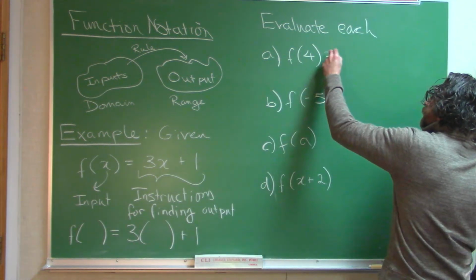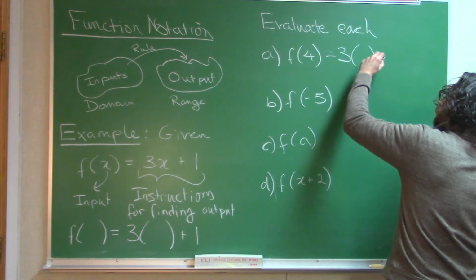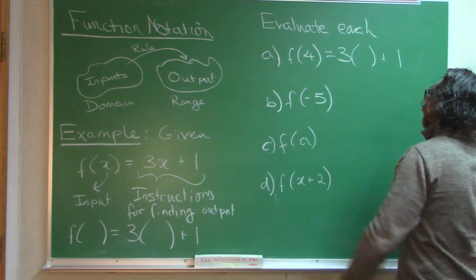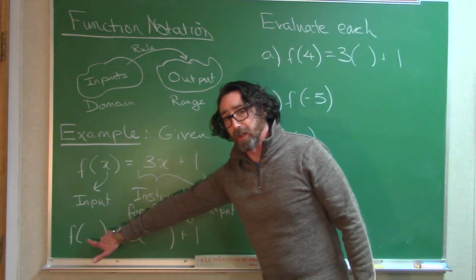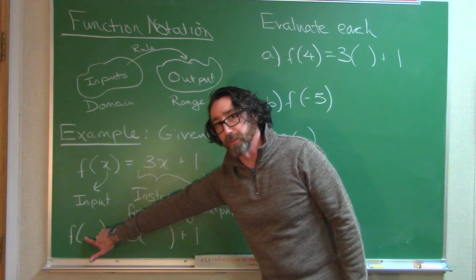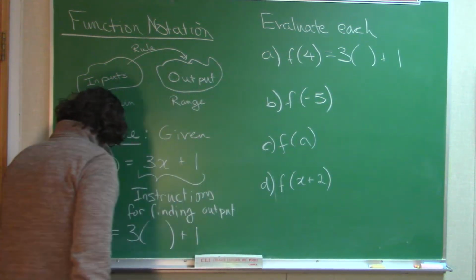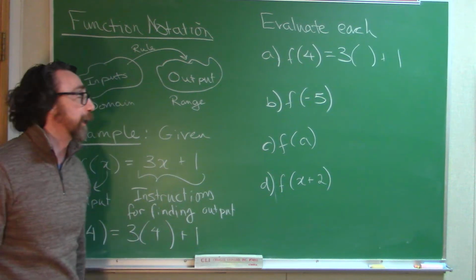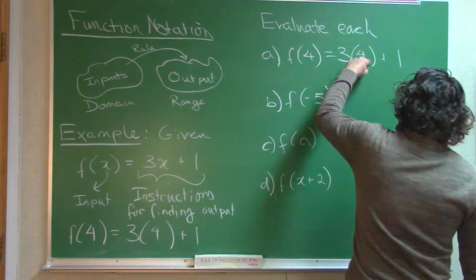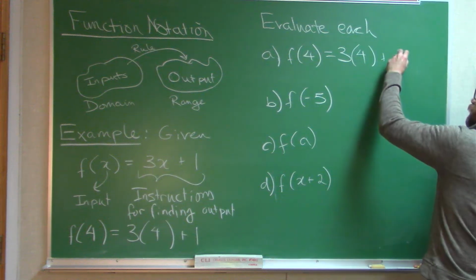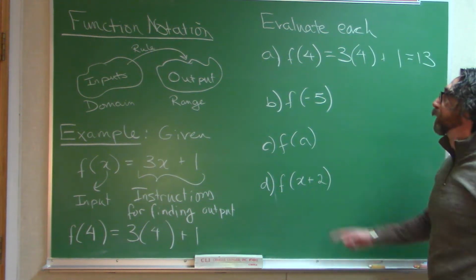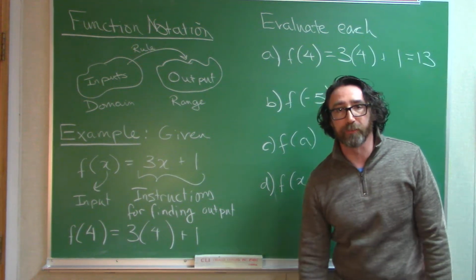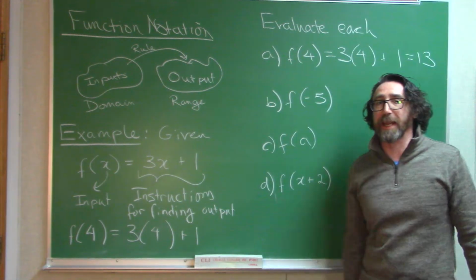So let's evaluate each of these. Thinking along these lines, if I put a 4 here in the blank, that means I should also put a 4 on the right-hand side. 3 times 4 is 12, plus 1 is 13. So if we use 4 as the input to our function, we get 13 out.